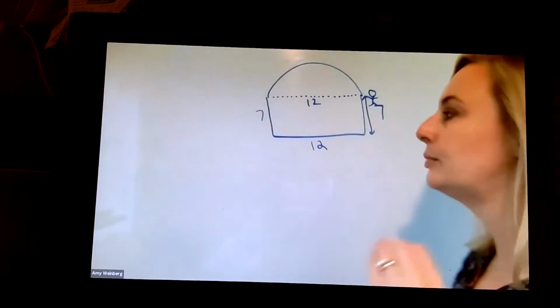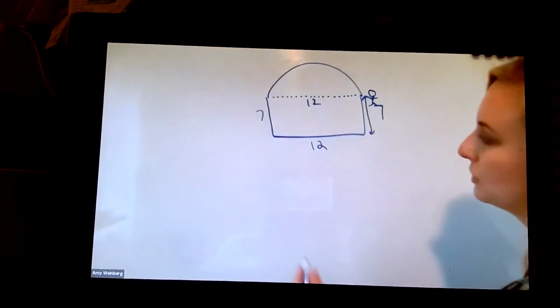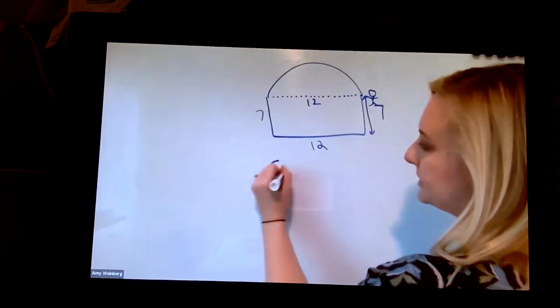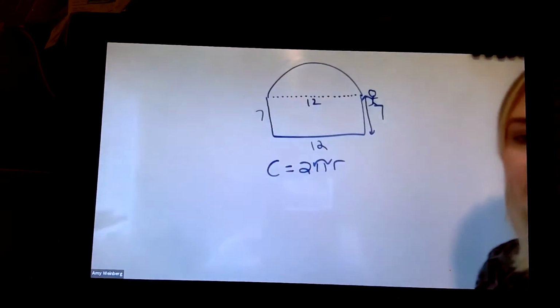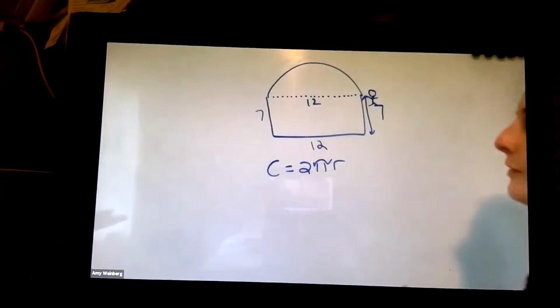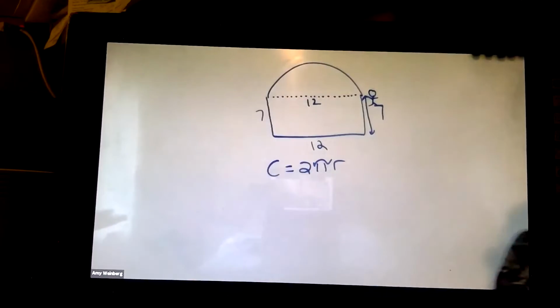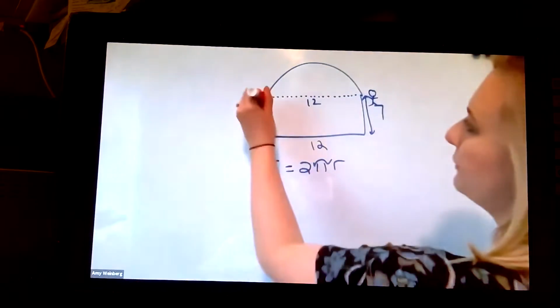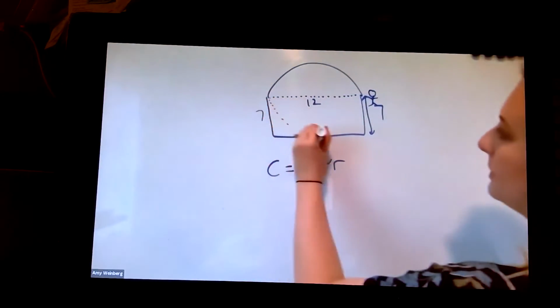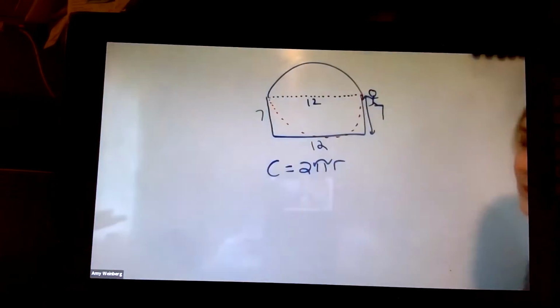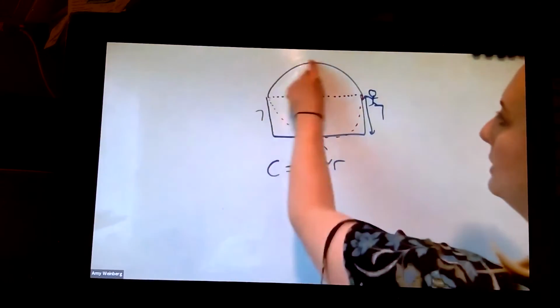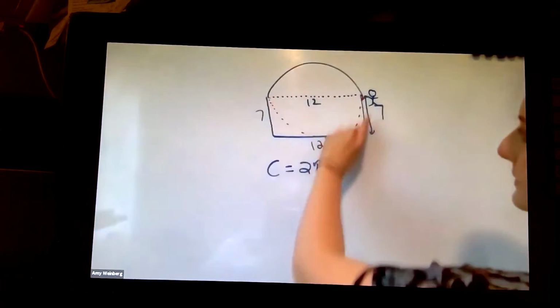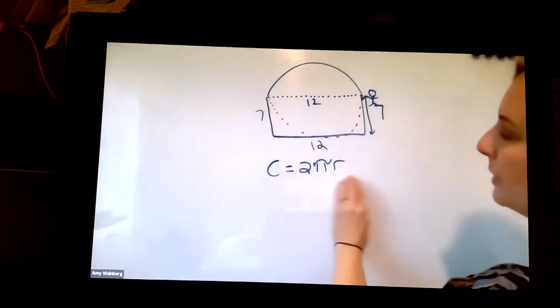So we need to find the perimeter of half of our circle. Well, we know that circumference is 2 pi times the radius, right? That would be of the full circle. So if I were to fill in the whole circle, this is the worst circle ever, but you get the idea. If I were to fill in that entire circle, the circumference of this whole thing would be 2 pi r.